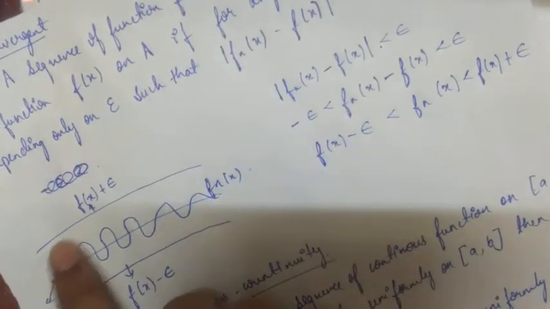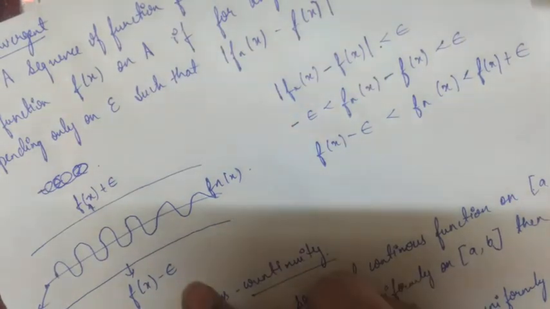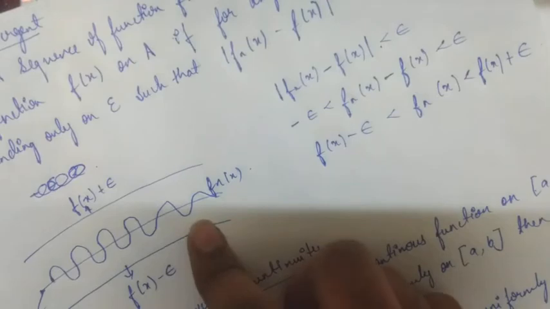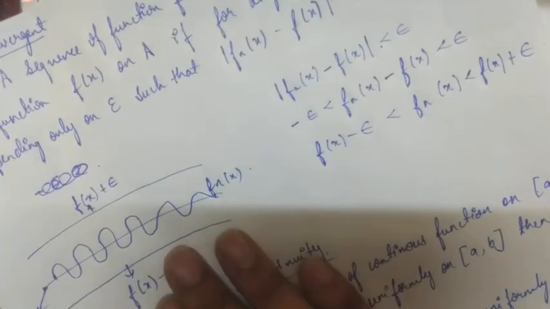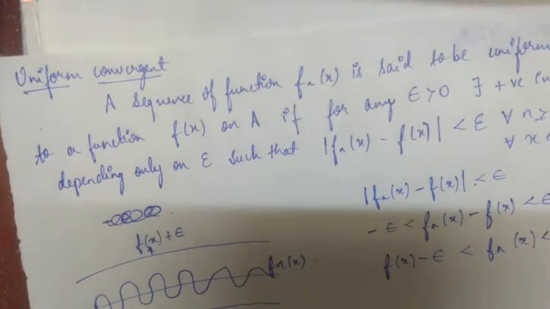It lies between f of x plus epsilon and f of x minus epsilon. So fn of x will lie between these two. If this is true, then the given sequence of functions is uniformly convergent. So this is all about the uniform convergent definition.